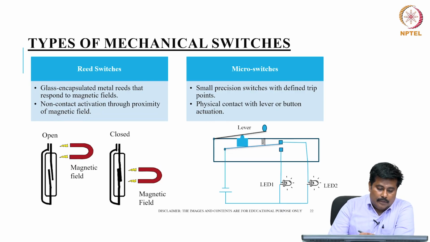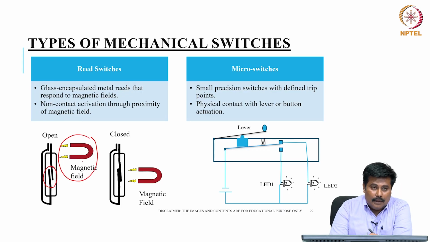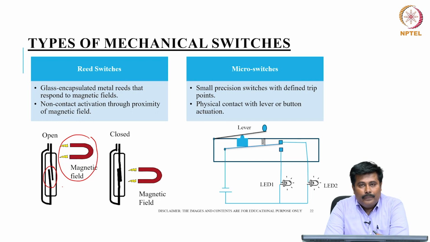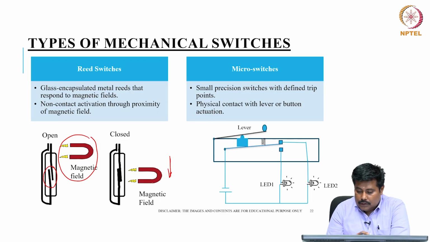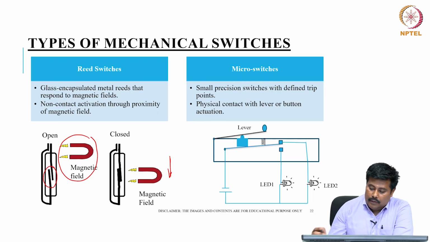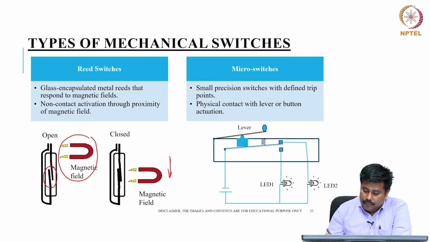As the name suggests, in this case it is called a reed, and we have a magnetic field in place. This magnetic field is used for actuating these reeds. Initially it is in an open state. If we need to close it, we bring the magnetic field closer so that it becomes a closed state. With the lever, there is a spring, and there are two contacts established.